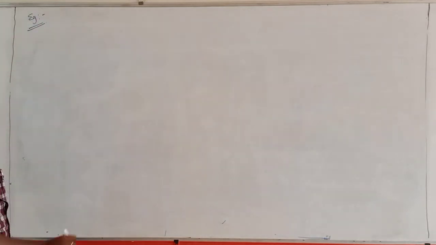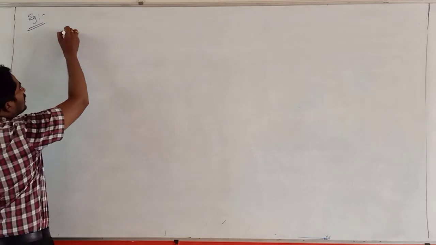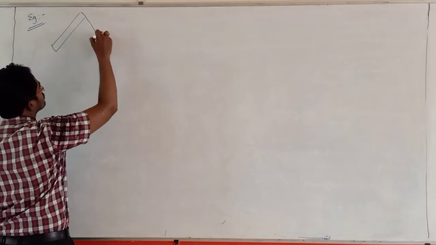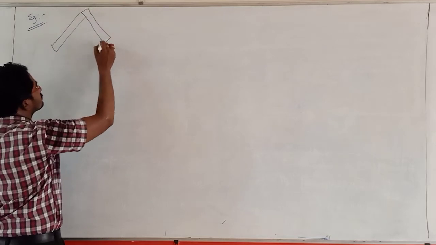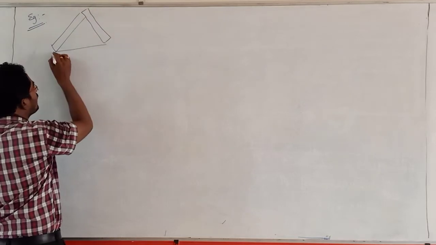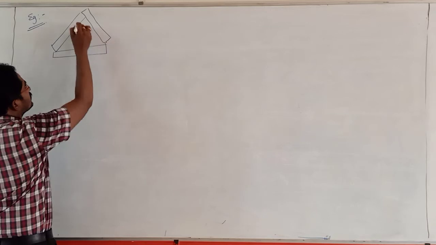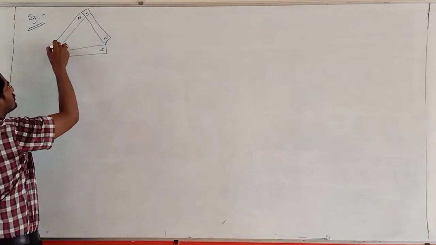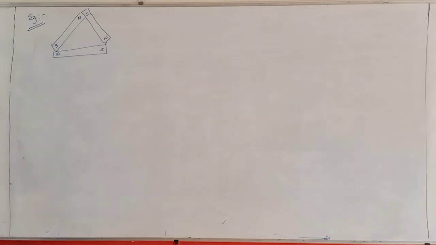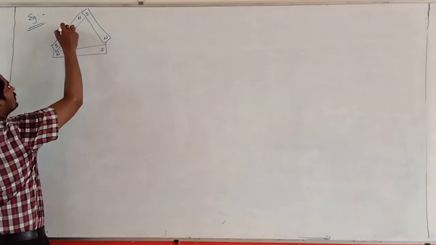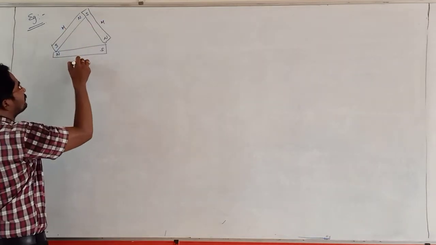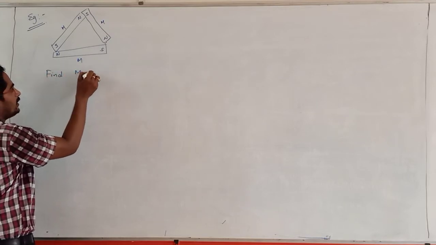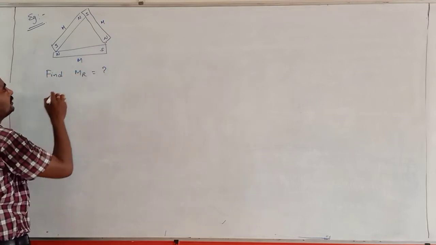Next example. There are three magnets with unlike poles in contact. That is north, south, north, south, north, south. All are of the same moment M. Find the resultant moment. This is one problem.